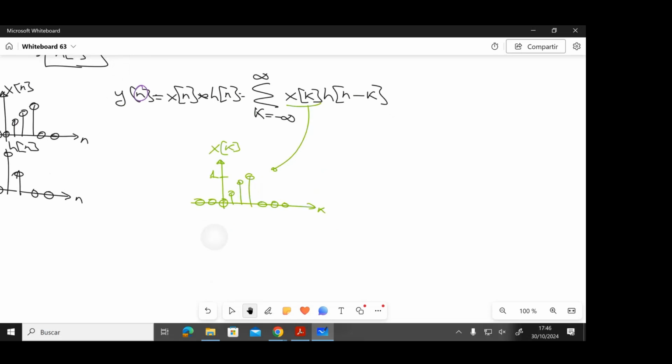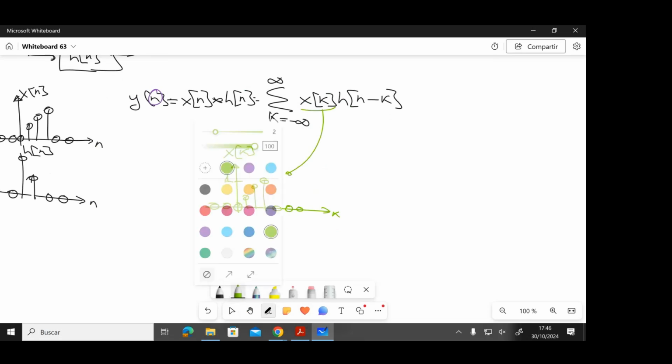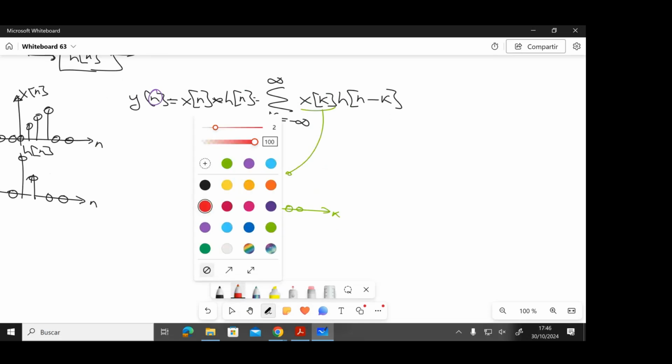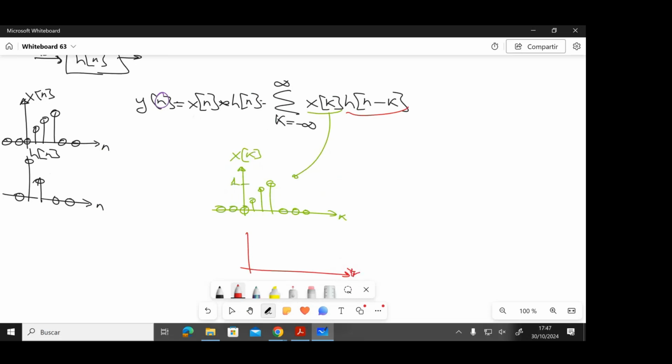Then we need h of n minus k. So we need here, this is also the k axis.